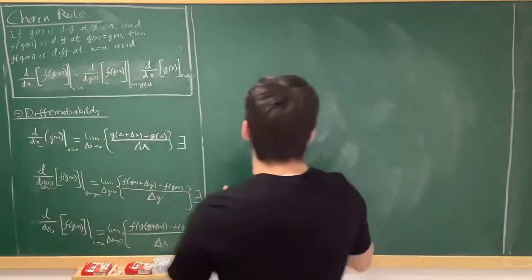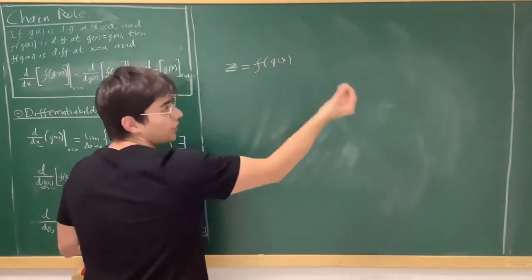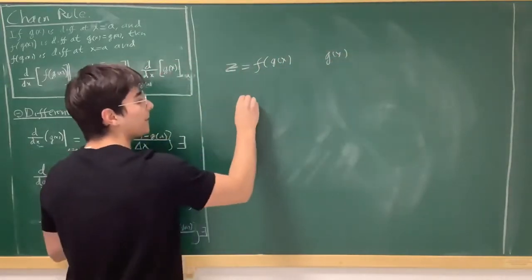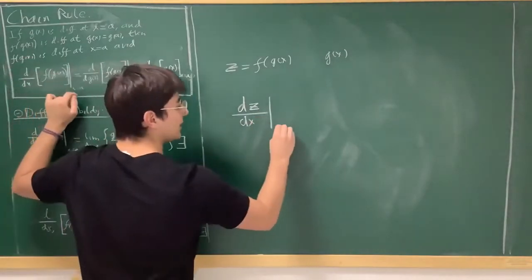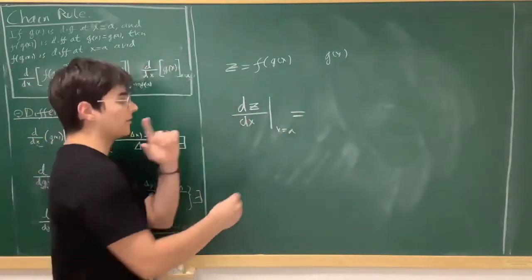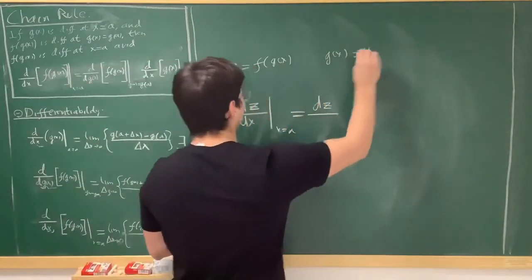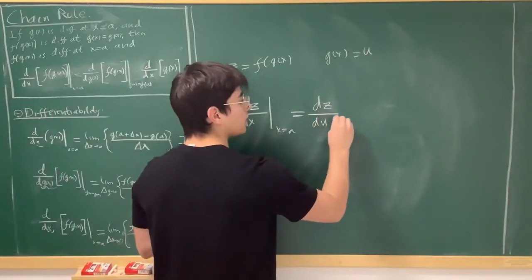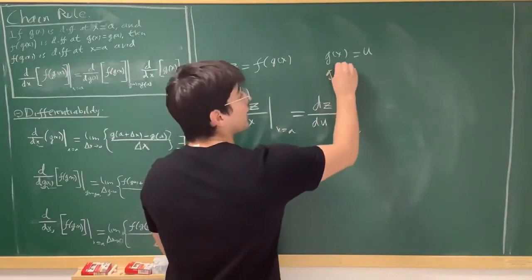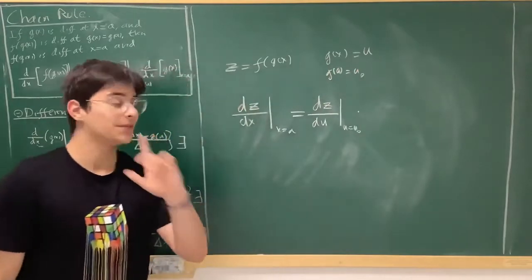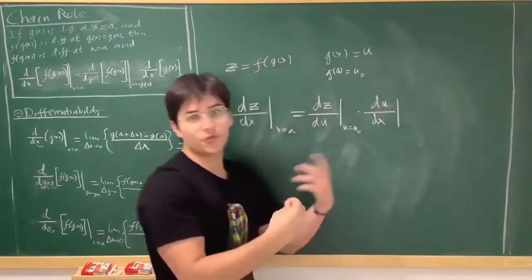Leibniz notation says that if I have a function c equals, for example, f of g of x, and another function u equals g of x, then the derivative of c with respect to x, which could be evaluated at x equals a, is equal to the derivative of c with respect to u, evaluated at u equals u naught, where g of a equals u naught, times the derivative of u with respect to x, and of course again evaluated at x equals a.